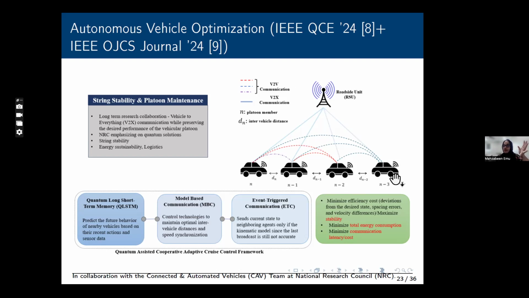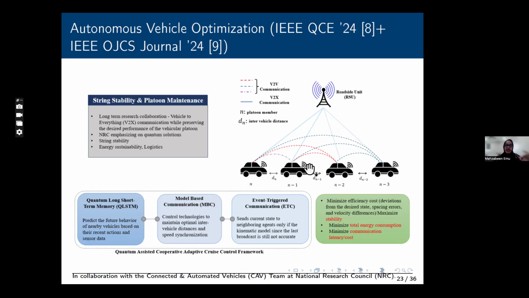A vehicle platoon is a collection of vehicles that move together in a coordinated manner, and they exchange some information between them. Also, they exchange some information with the roadside unit. The communication between vehicles is called V2V communication, and the communication with the roadside units is called V2X communication.